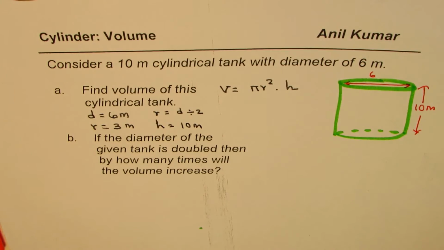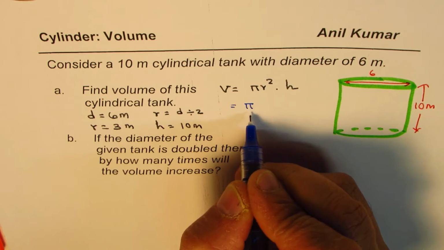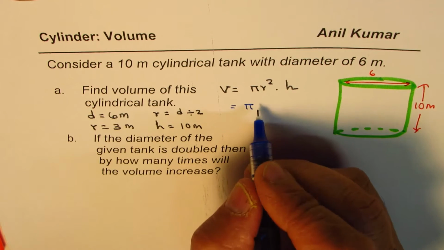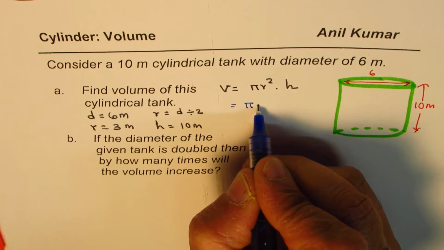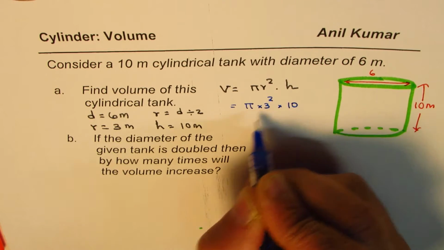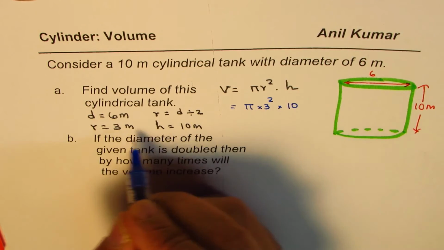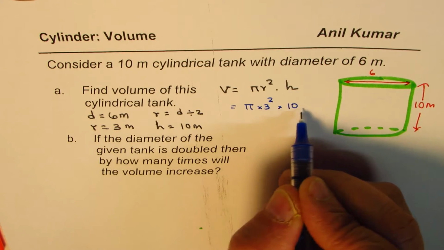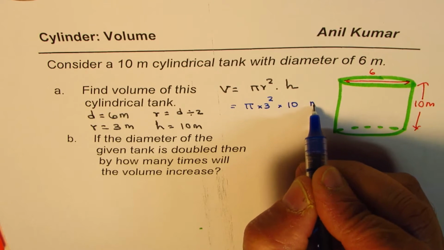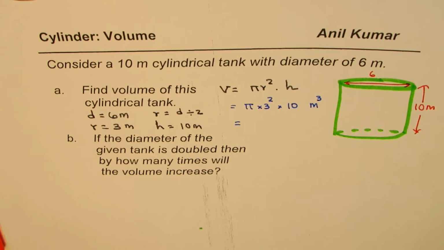So let us substitute these values. We get pi, which you could write as 3.14 also, times 3 square times 10 meters. The units will be meter cube. Let's use calculator to find this answer.